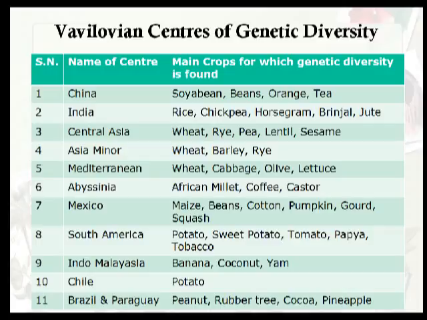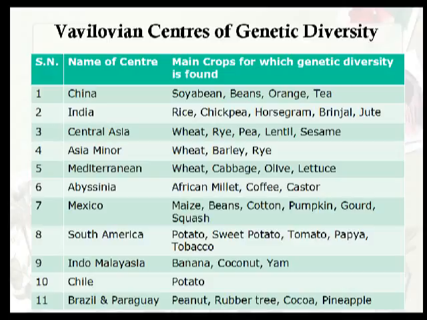Basically, one thing that you'll find in common with the last lecture is that I had told you most of these crops as the center of domestication against the places that are now showing as their centers of genetic diversity. So we can say that in the centers of genetic diversity also sometimes these crops were domesticated.